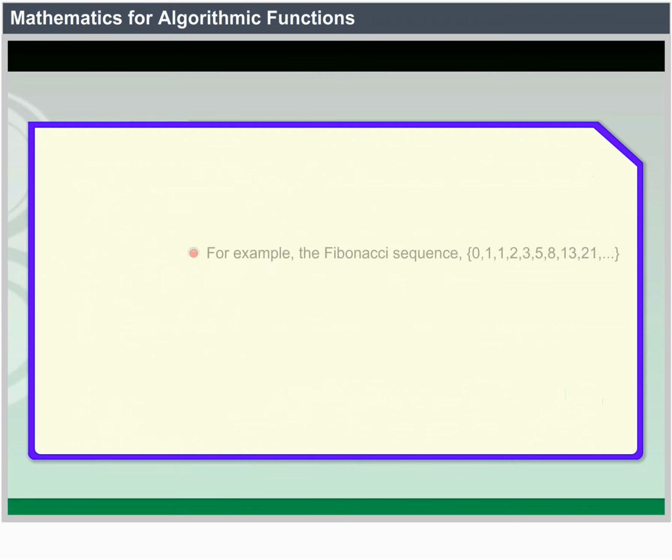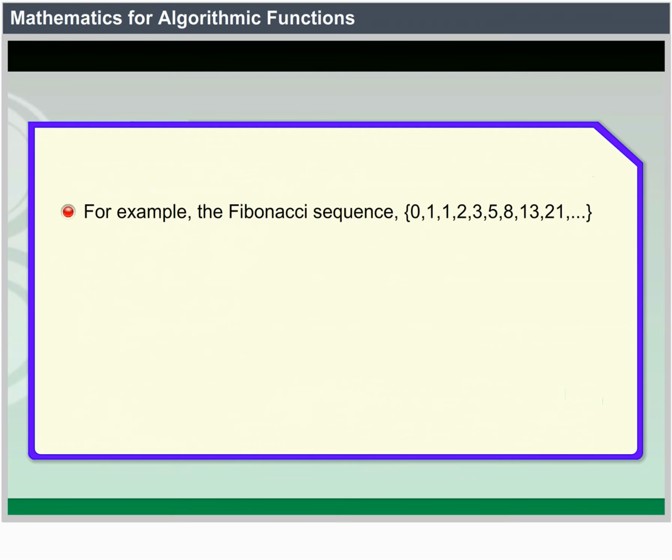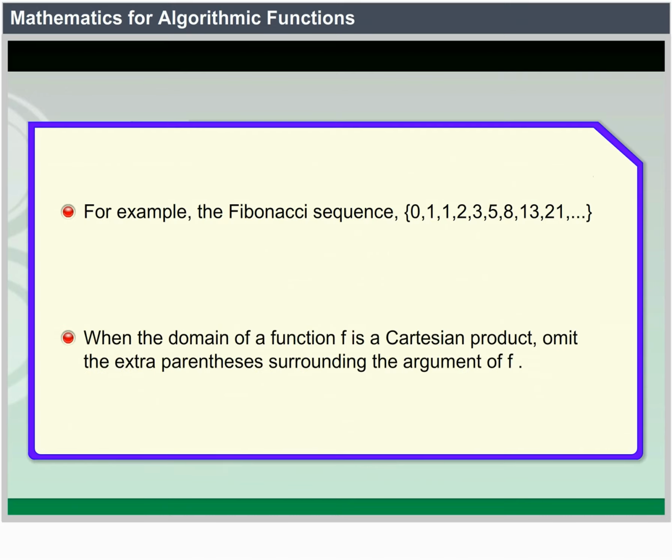For example, the Fibonacci sequence 0, 1, 1, 2, 3, 5, 8, 13, 21, and so on. When the domain of a function f is a Cartesian product, omit the extra parenthesis surrounding the argument of f.